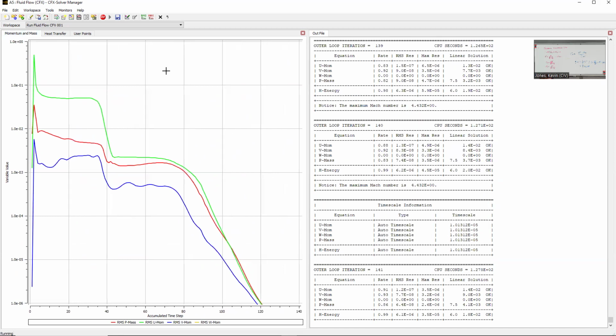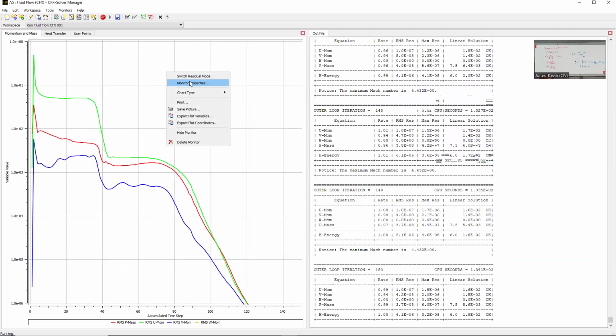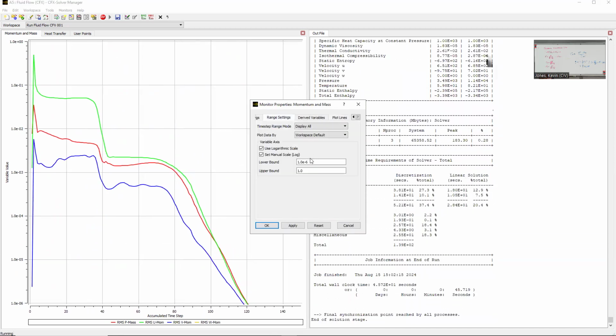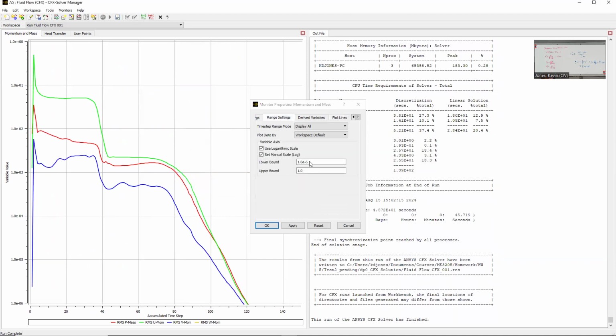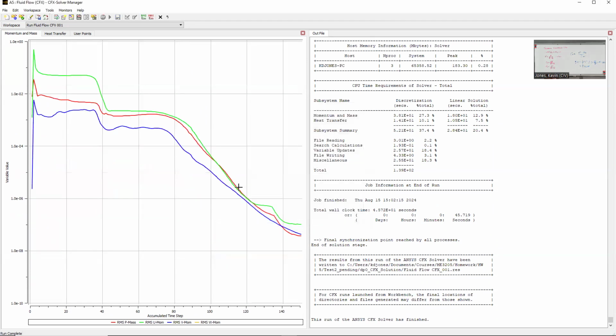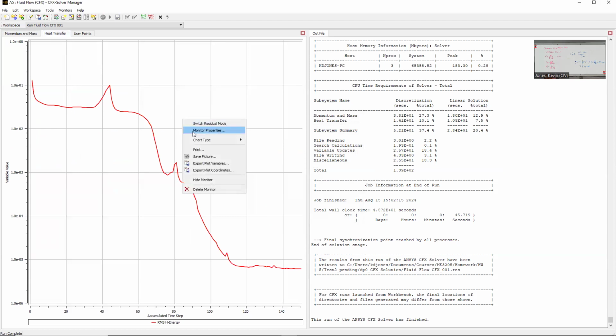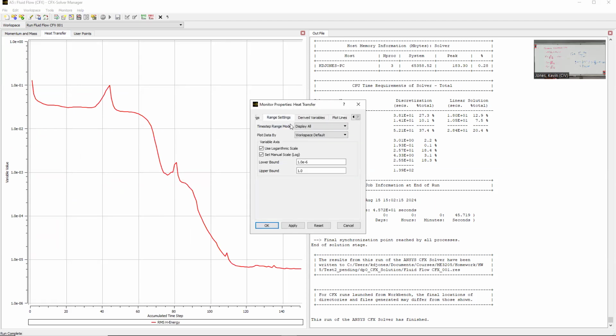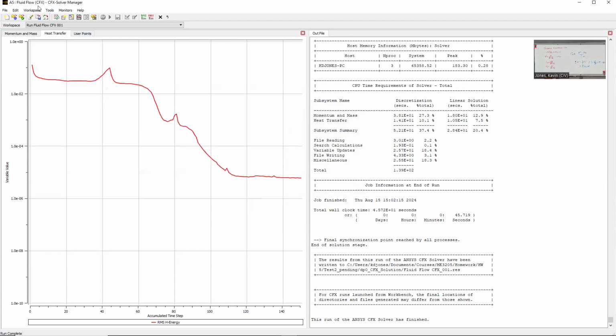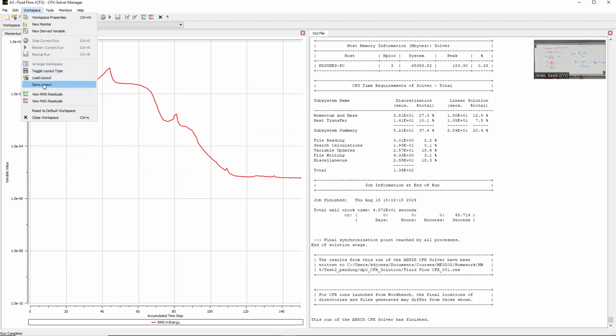These are actually converging right off the screen. Change those. Change the number on. And save it.